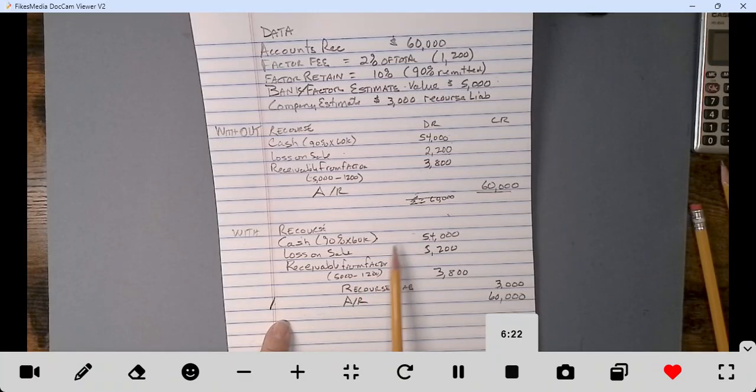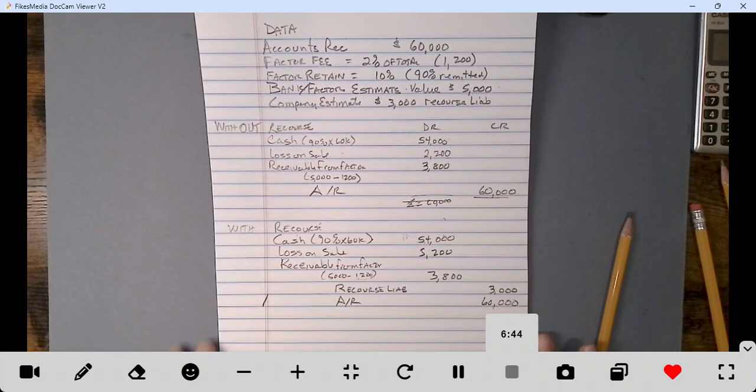So you would just have a lower amount of cash, and this would be 5,000 for the receivable from factor. If they say they collect the fee from the retainage, that means that you subtract it. If they say pay the fee up front, that means you subtract it from the cash up front. This has been journal entries on factoring accounts receivable without recourse and with recourse.